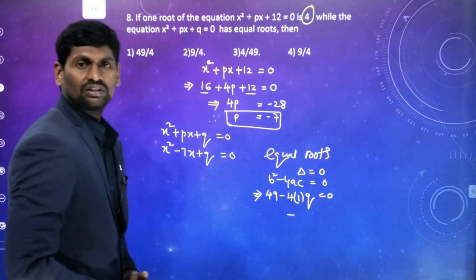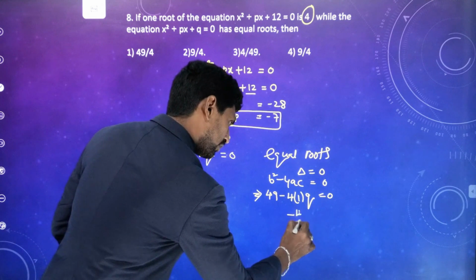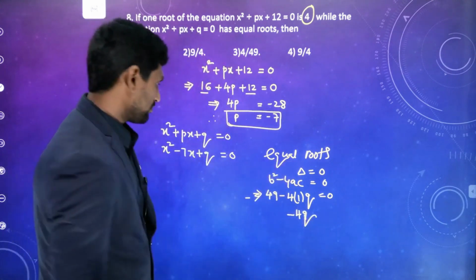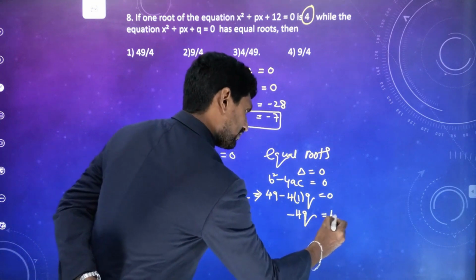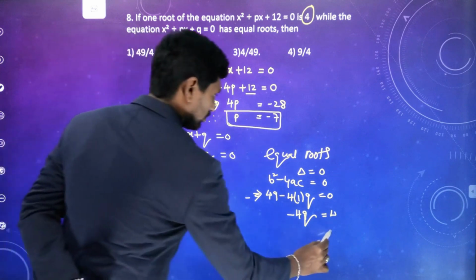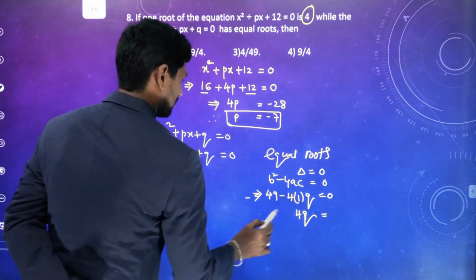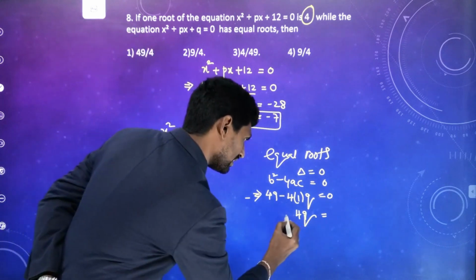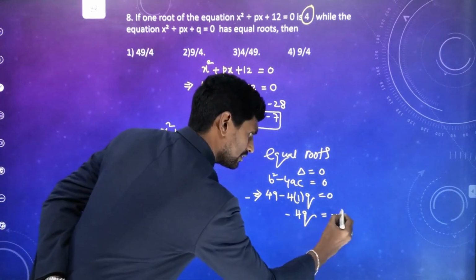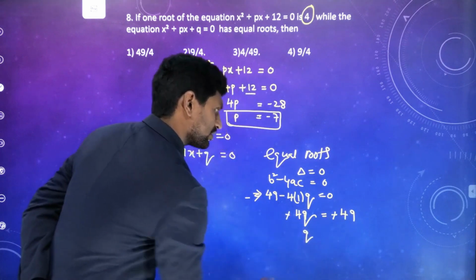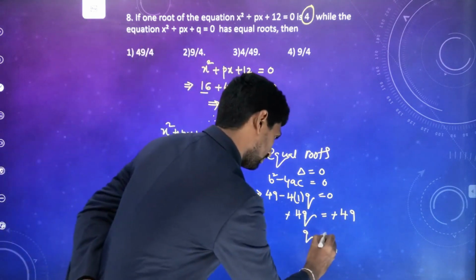So minus 4q plus 49, transpose that side, becomes minus 49. Minus minus can be cancelled on both sides. q equals 49 by 4.